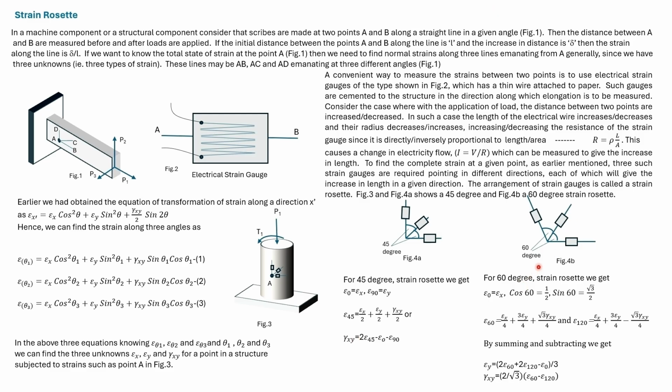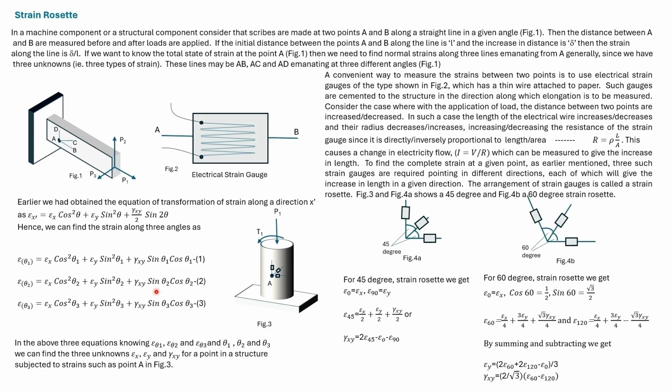For the 60-degree strain rosette, epsilon 0 is equal to epsilon x. So we know one of the unknowns to start with. Consider theta is 60. Then cos square theta is 1/4. Sin square theta is 3 divided by 4.